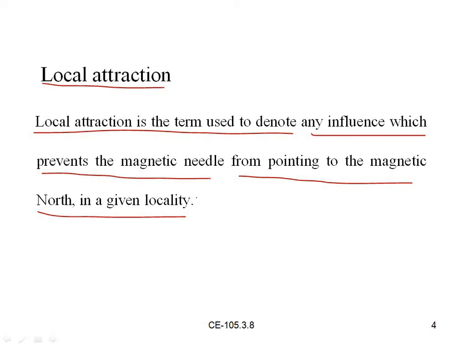Why does this local attraction occur? We have to observe one thing. Local attraction occurs due to effects like magnetic instruments. In the compass instrument we have the magnetic needle, and this magnetic needle will be attracted to iron items.